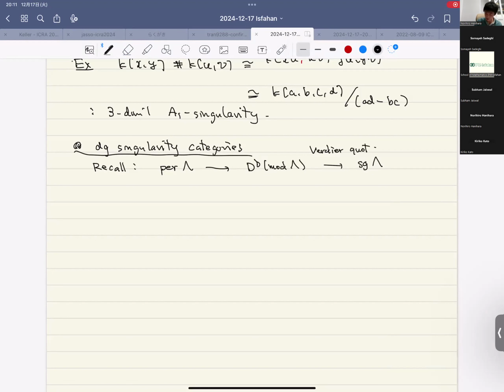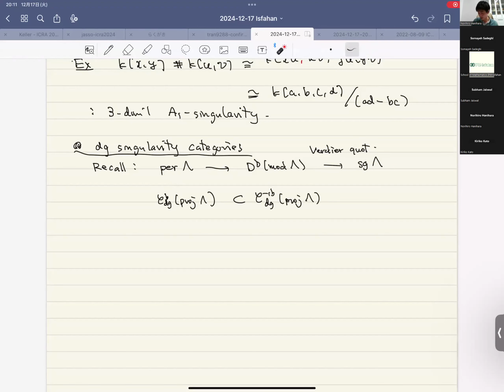And we had enhancements of these derived categories. This perfect derived category was enhanced by C^b DG proj Λ, and this bounded derived category was enhanced by C^- DG proj Λ.